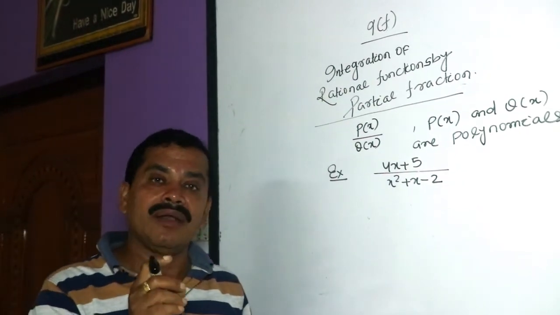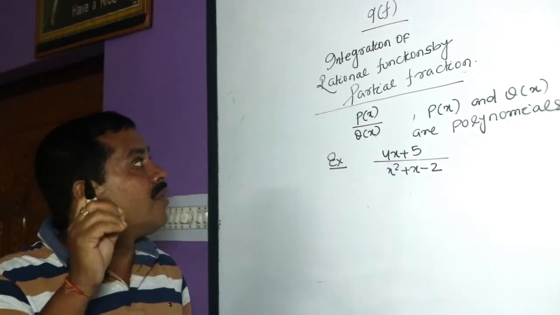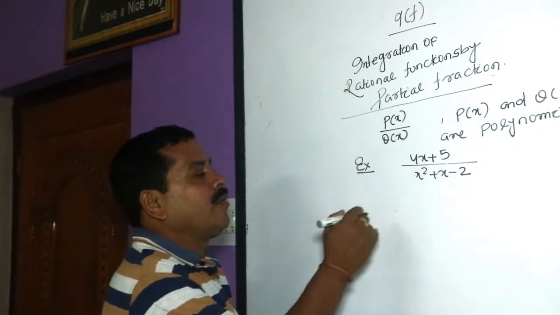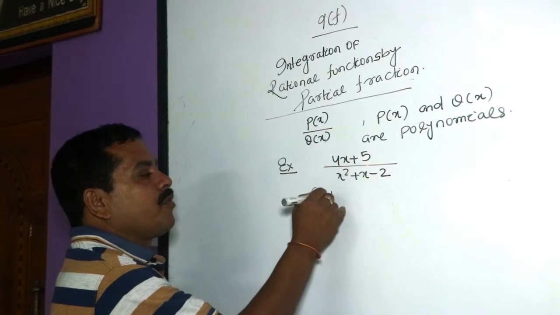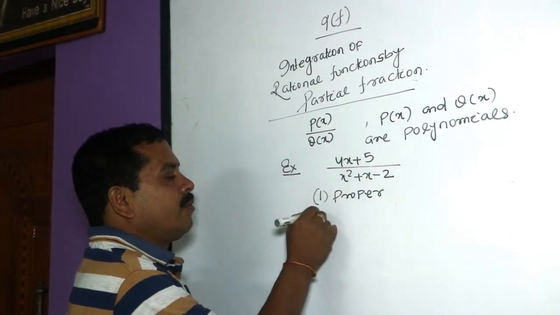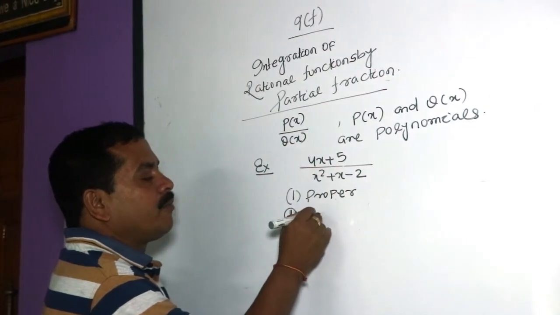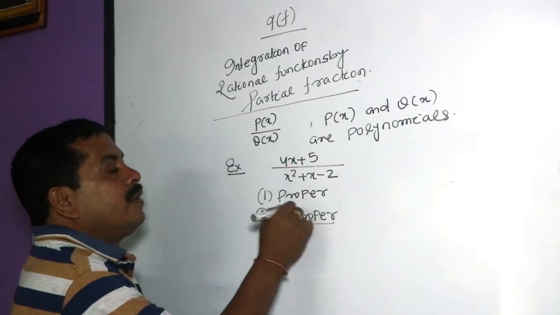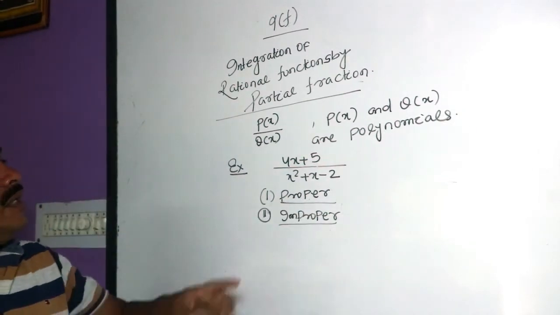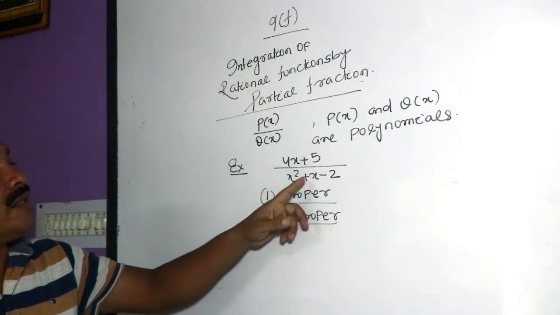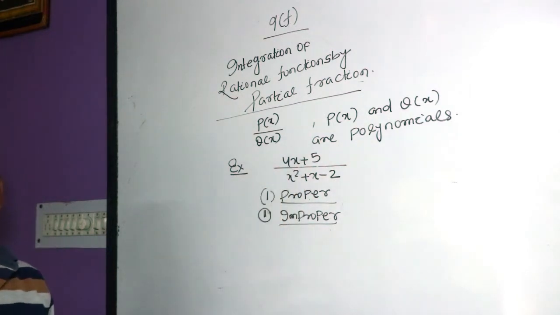First, we have to look at whether the rational function is proper or improper. If the degree of p(x) is less than the degree of q(x), then it is called a proper rational function.